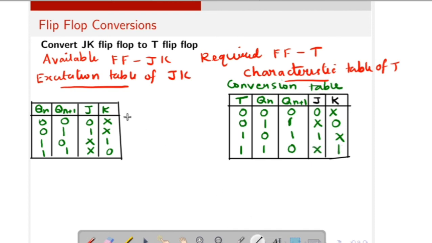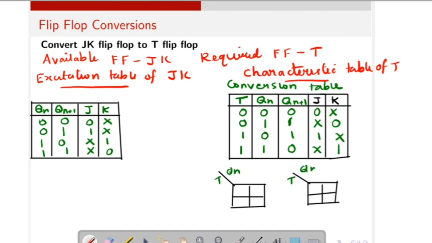Next we can find the Boolean expression for this J and K. So the inputs are T and Qn, so we can draw a two variable K map, for both J and K. Here mark the inputs: T and Qn, here also T and Qn, 0 1 0 1, here also 0 1 0 1.